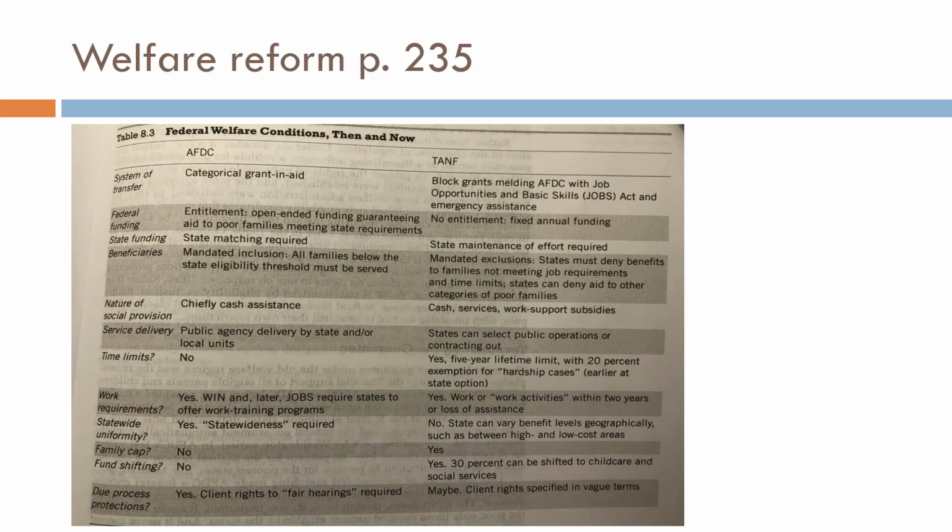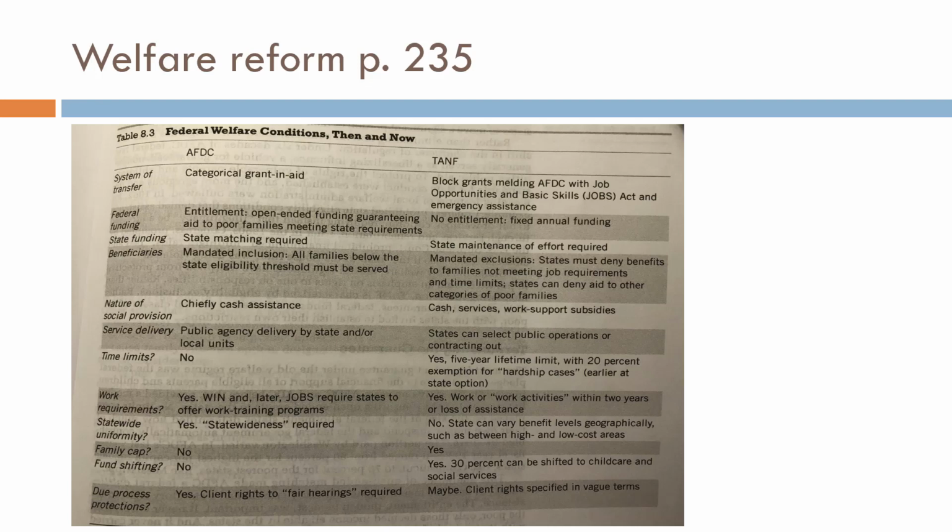Remember in the privatization sub-video, I was talking about states contracting out whole systems. Well, this would be allowed under TANF. Time limits: no time limits under AFDC. Under TANF, yes, there are time limits where after 5 years, non-consecutively, you can just never be eligible for assistance again, regardless of your circumstance.